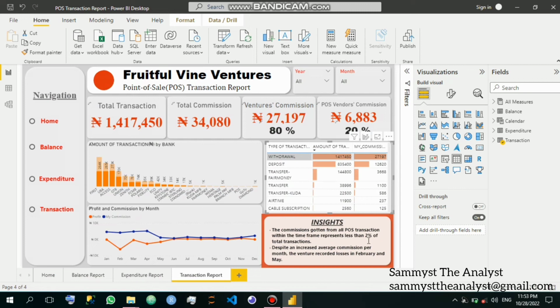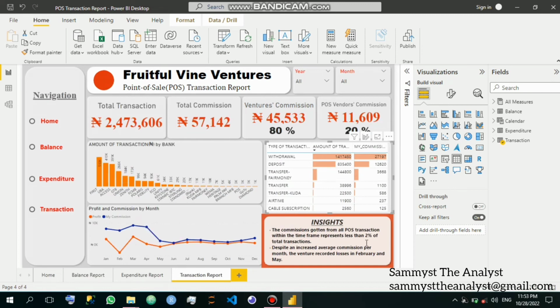So the commission, the total gotten from everything, represents just 2% of the transaction, which to me is not really nice, because when you do transactions involving this huge amount of money, there should be a sizable amount of commission derived from it.